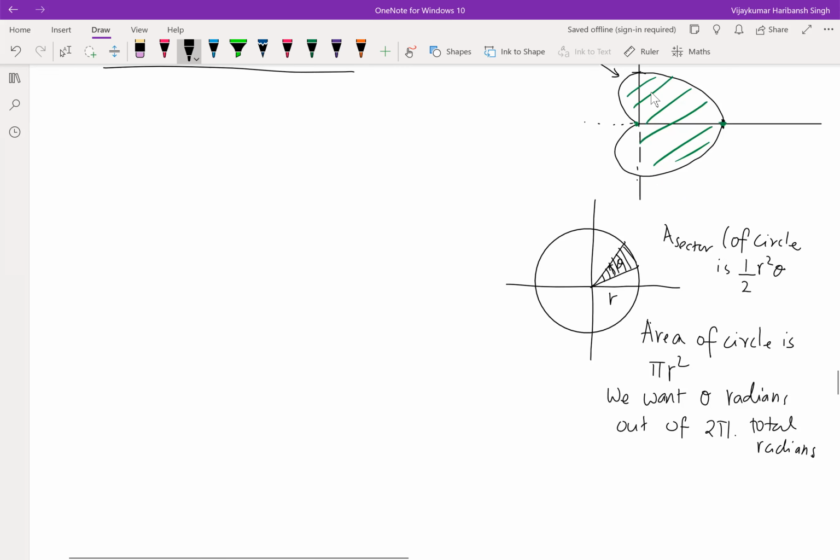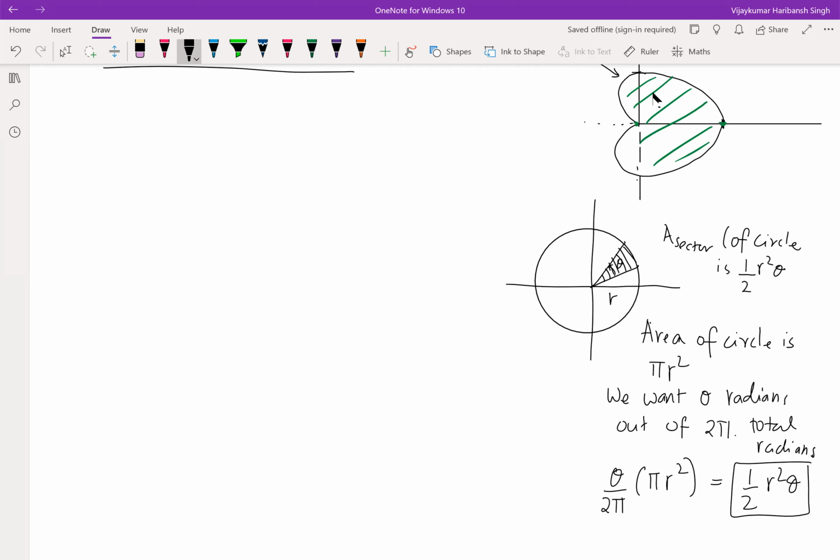So we take the θ slice of this. Then we get θ over 2π times πr², where π and π cancel. You have half θ r², or half r² θ. So this is the underlying idea behind finding the area of the sector.